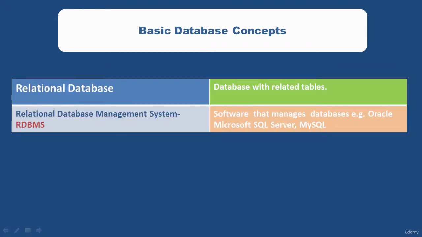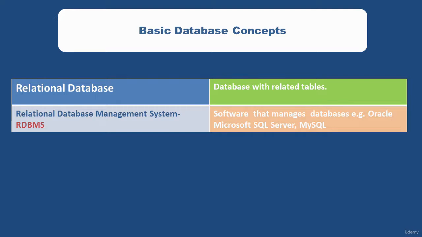There are two other concepts I want to illustrate with you. We've got the relational database. A relational database is a database with related tables. Also, we've got the concept of Relational Database Management System, referred to as RDBMS for short.